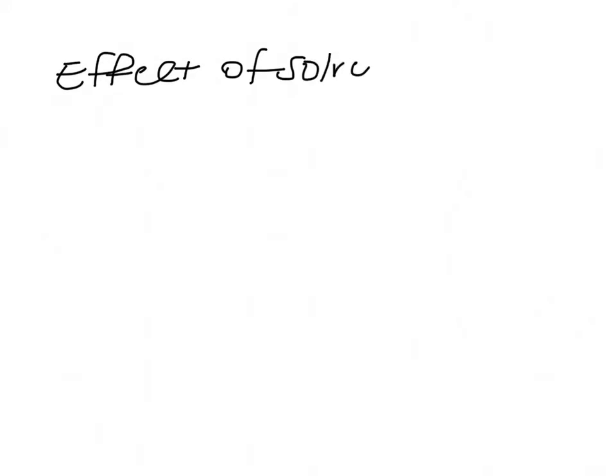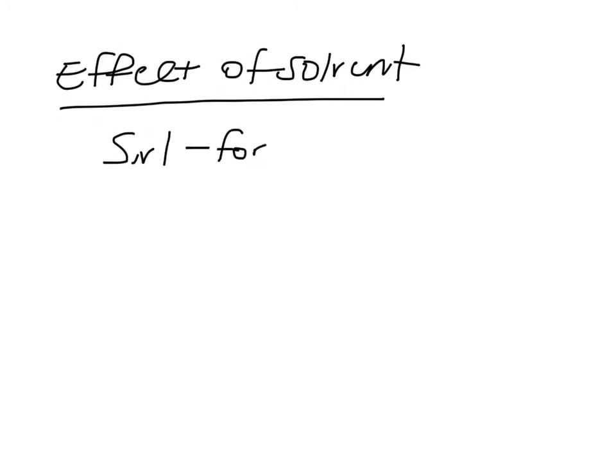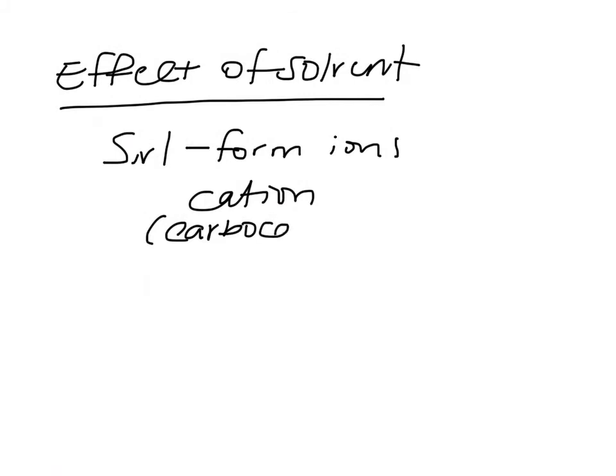If we look at the solvent, in SN1 we form ions. You have a cation, which is the carbocation, and you have the negative leaving group, so you have an anion.